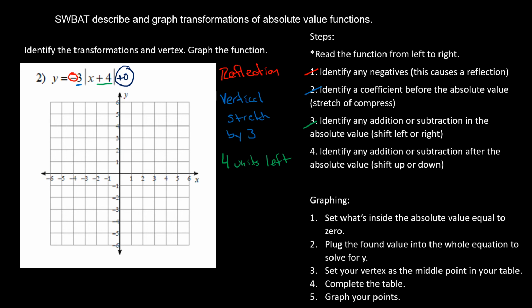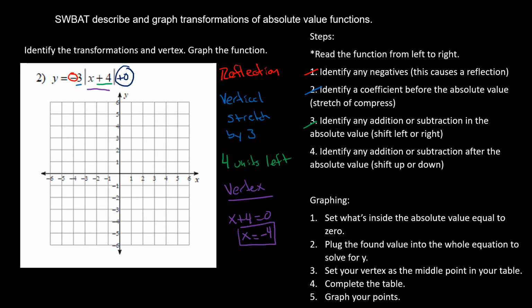So now let's look at our vertex. For our vertex, we're going to set what's inside the absolute value equal to 0. So we have x plus 4 equals 0. When we isolate our x, we get x equals negative 4.